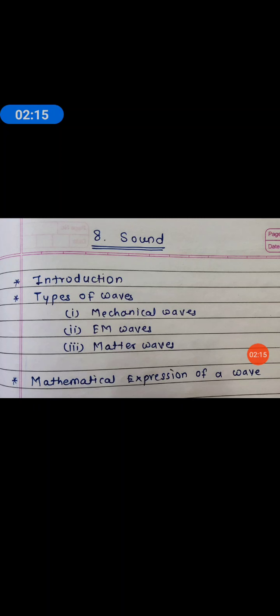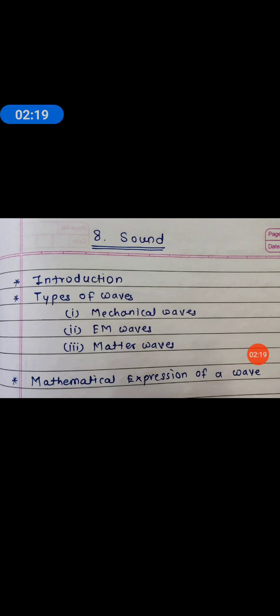In mechanical waves, a wave is said to be mechanical if a material medium is essential for its propagation. If a material medium is needed for the propagation of a wave, such waves are mechanical waves.